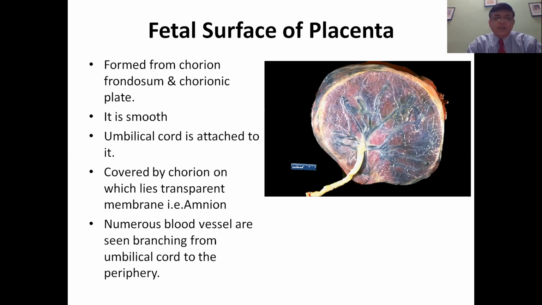And numerous blood vessels are seen branching from the umbilical cord to the periphery. This is the description of the fetal surface of the placenta.